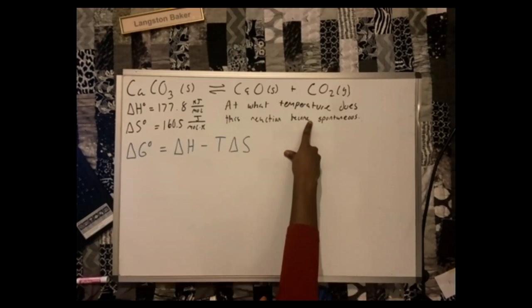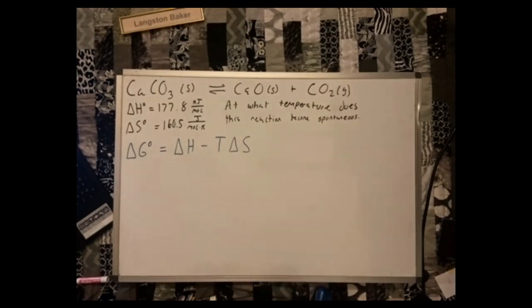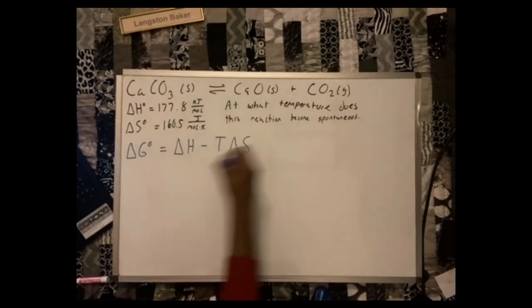So the delta G has to be negative. Mm-hmm. So if your delta H and delta S are positive, then doesn't your temperature have to be high? Yeah. That's kind of what I'm asking, so you're thinking the right thing.